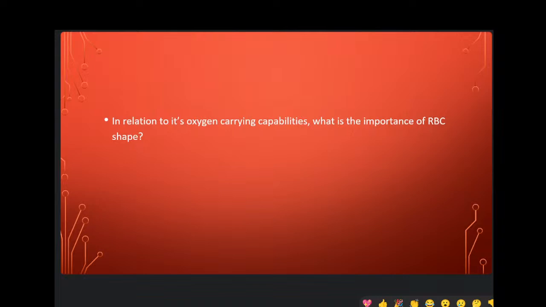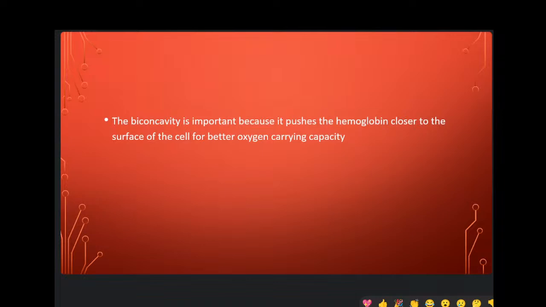So the biconcavity is important in pushing the hemoglobin closer. It's not actually in the center of the RBC where the hemoglobin is concentrated. It's actually in the periphery. Kaya nga nandun yung staining eh.